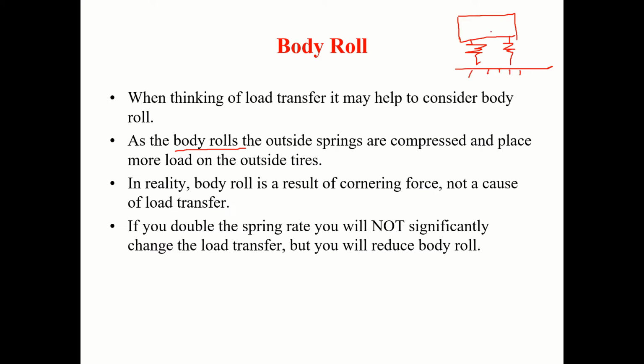Suppose the vehicle is taking a turn like this. This becomes inside and this becomes outside. As the body rolls, because when you are taking a turn the load gets transferred like this, the outside springs are compressed.